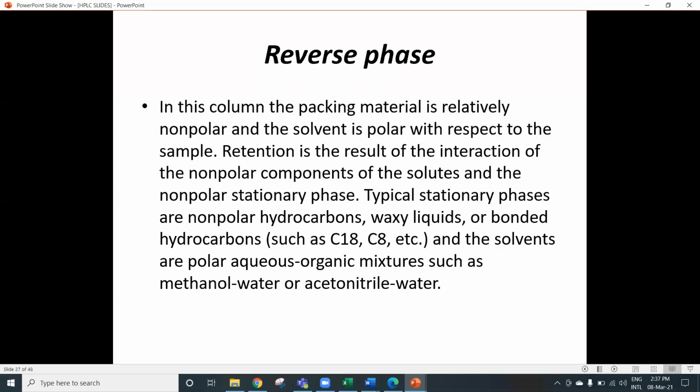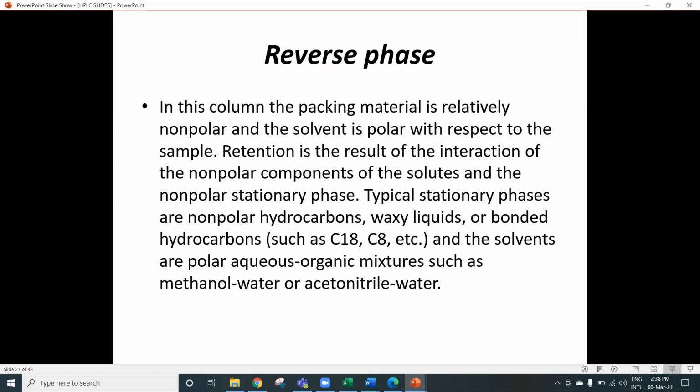Then in reverse phase, the column packing material is non-polar and the solvent is polar. So in reverse phase, we use solvents like methanol, acetonitrile, acetone.